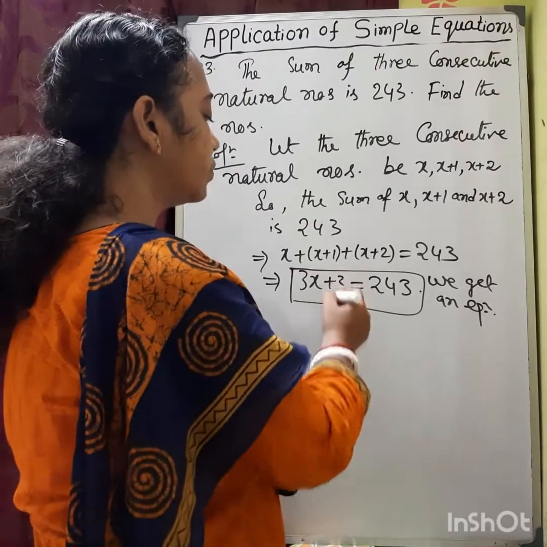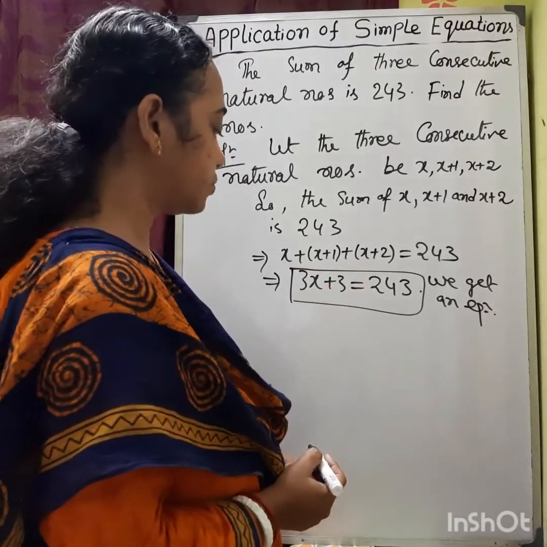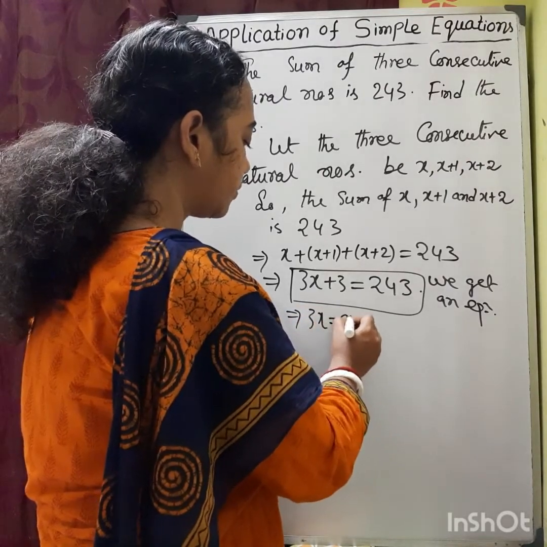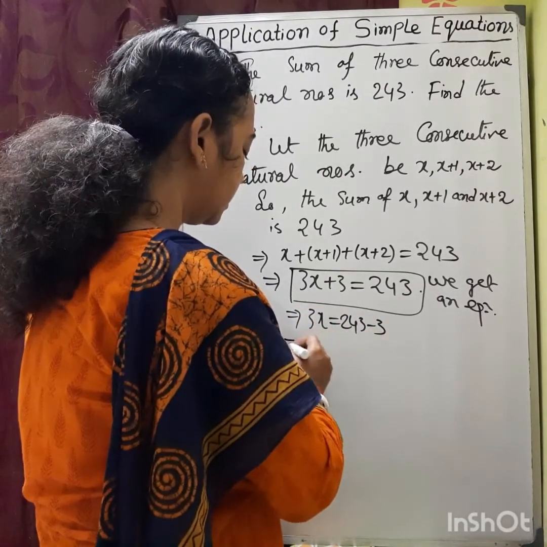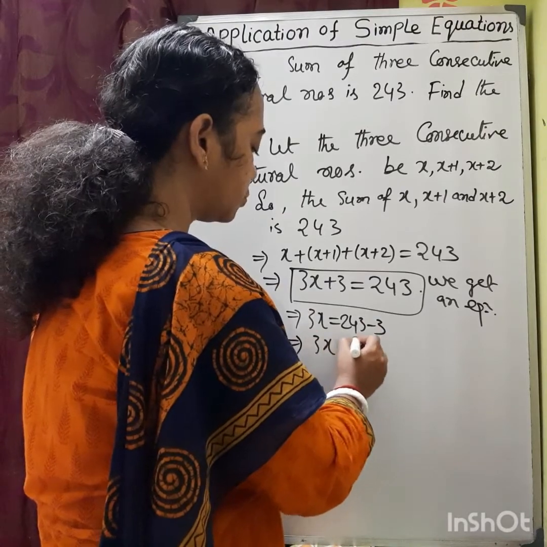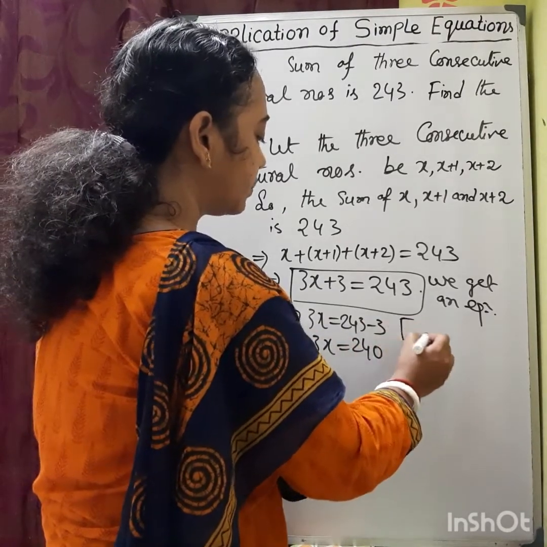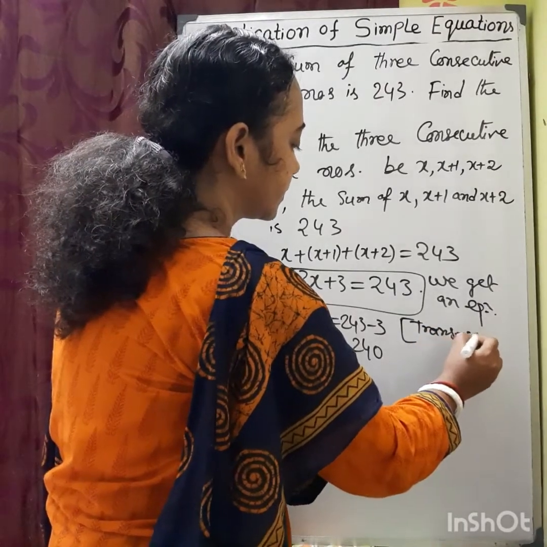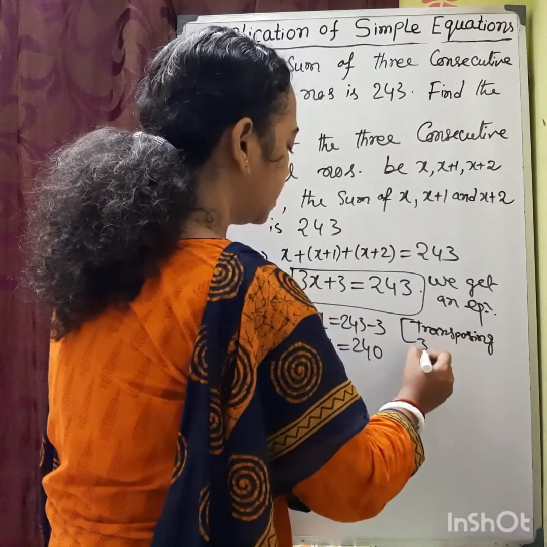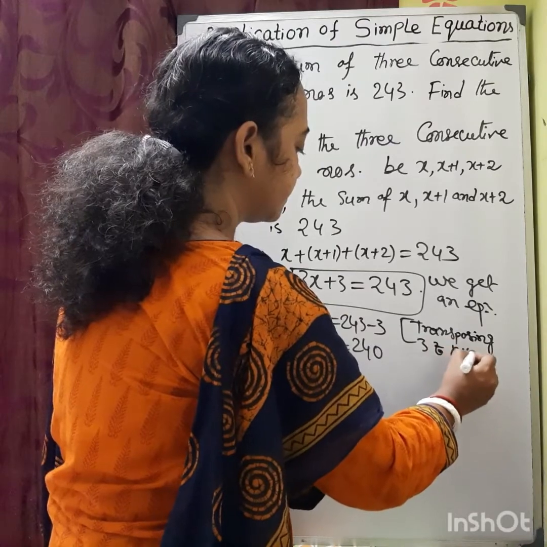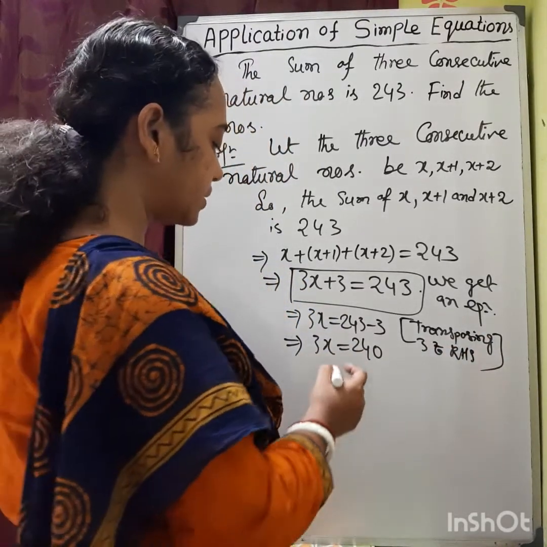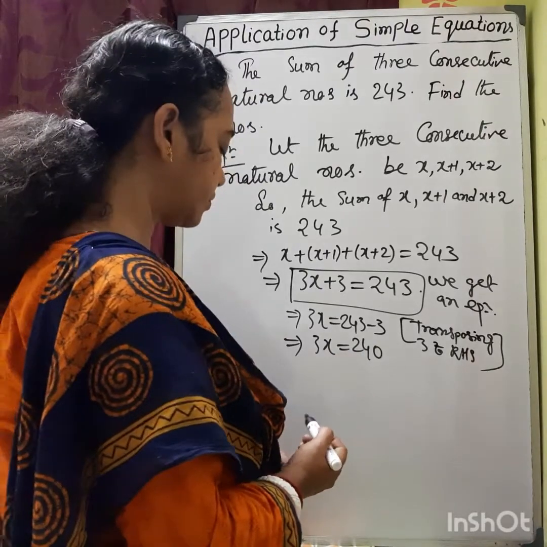So here we move the constant 3 to the right hand side. So this implies 3x is equal to 243 minus 3. This implies 3x is equal to 240. So that means transposing 3 to the right hand side. Now we divide both sides by 3, because here the variable x is multiplied with 3.